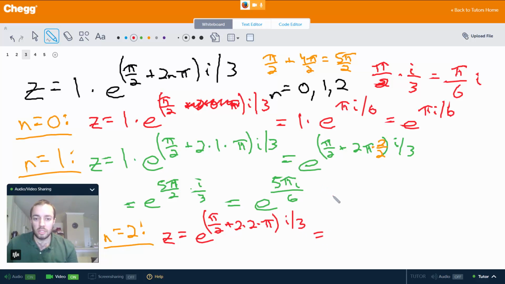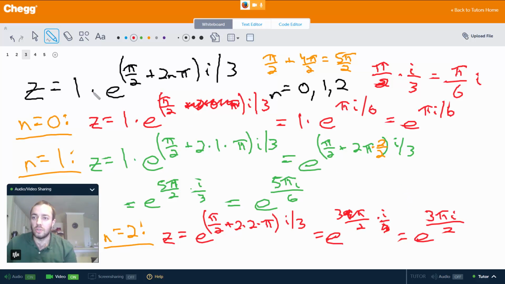I'm running out of room a little bit, and because the idea is pretty much exactly the same as what we just did with n equals 1, I'll skip some steps and say this equals e to the (pi over 2 plus 4 pi, which is 9 pi over 2) times i over 3. And then 3 goes into 9 3 times. So what we end up with is e to the 3 pi i over 2.